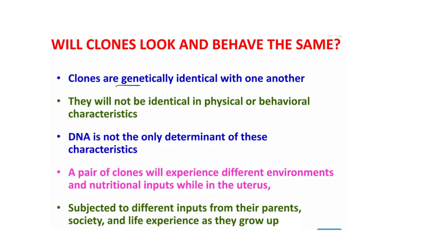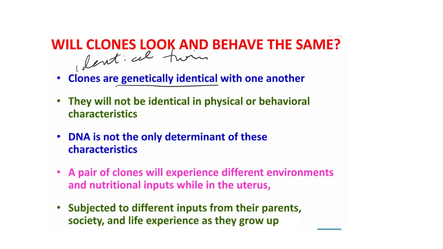Just because clones are genetically identical, and I could say identical twins too, it does not mean that they'll look exactly the same. Their genes won't necessarily be expressed in the same way. They can look slightly different because different genes get turned on or off by the environment that the DNA is in.